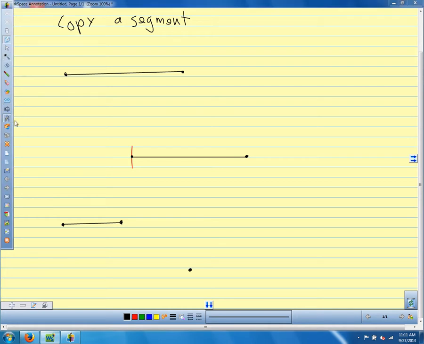Grab my compass, set it on my segment, open it up to the length of the segment, move it down here, draw an arc, and then connect that point to the arc in a straight line. And it can go anywhere on that arc. And now I have a segment that's the same length. So that's how I'm going to copy a segment.